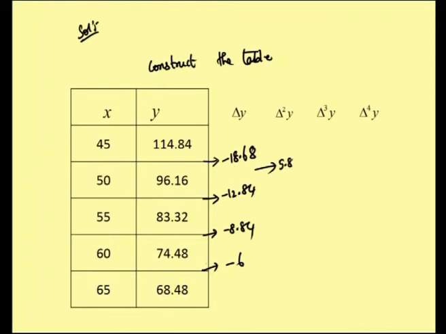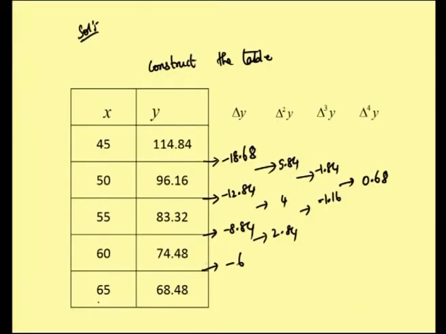Then 4 minus 5.84 is minus 1.84 and then minus 1.16. Del power 4 y is 0.68. So, when 5 values are given, the fifth difference will be 0. Therefore, we stop the procedure at del power 4 y.